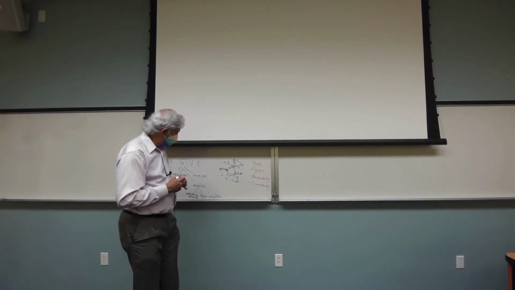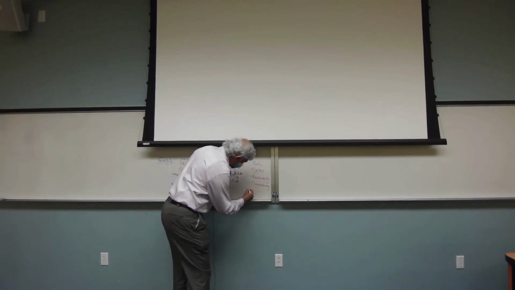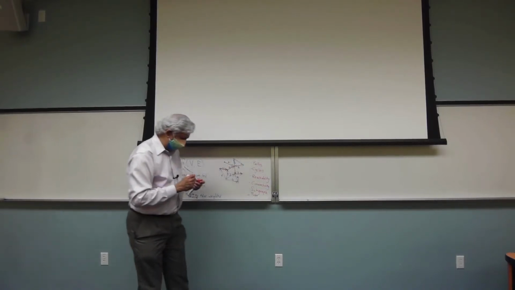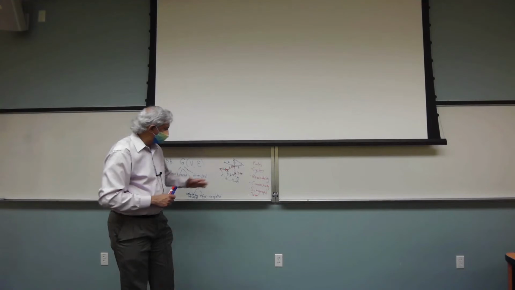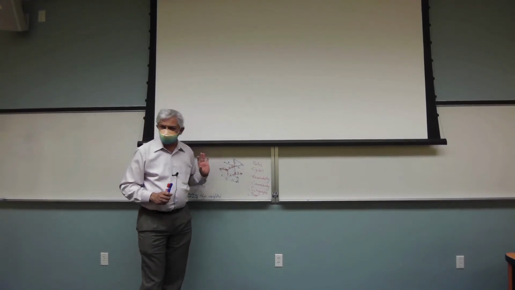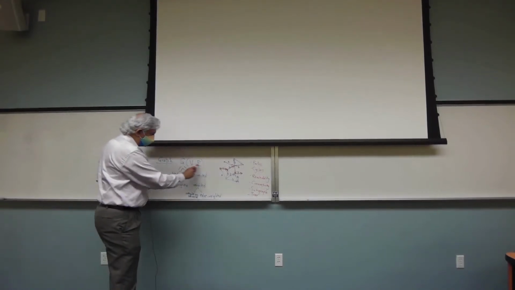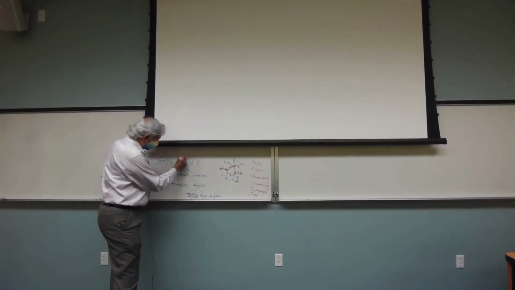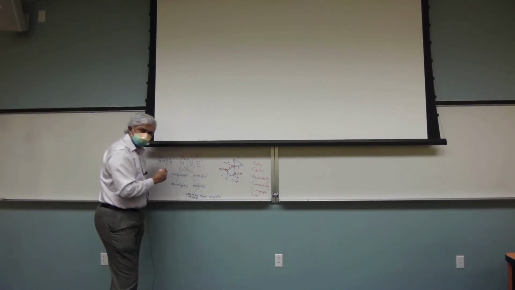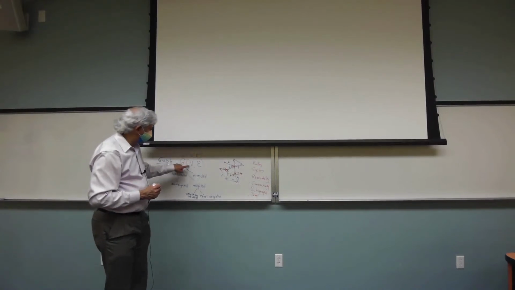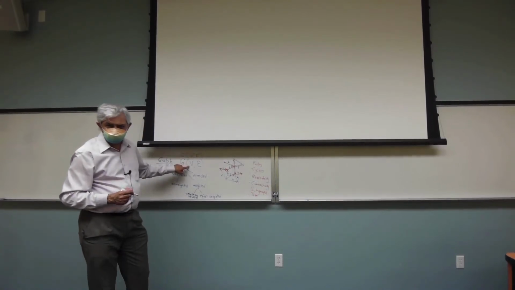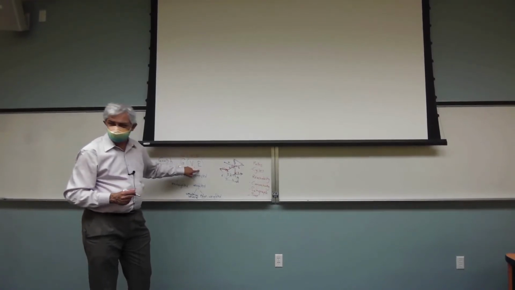Then we have the concept of a subgraph and the concept of a tree. A subgraph is any piece of this graph. So for instance, if this is the graph, then a subgraph of this graph could be some other graph where the vertex set is a subset of the vertices here, and the edge set is a subset of the edges here.